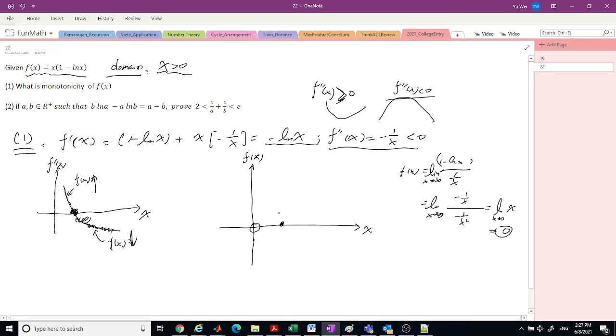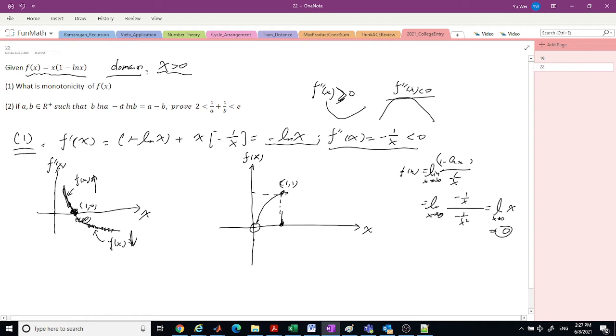So let's see. If x equals 1, we have it at 1. Why do we take 1, 1? Because here is 1, 0. We know at 1, 0 it's increasing because the derivative is greater than 0, and also its curvature is like this, so the first segment goes like this.